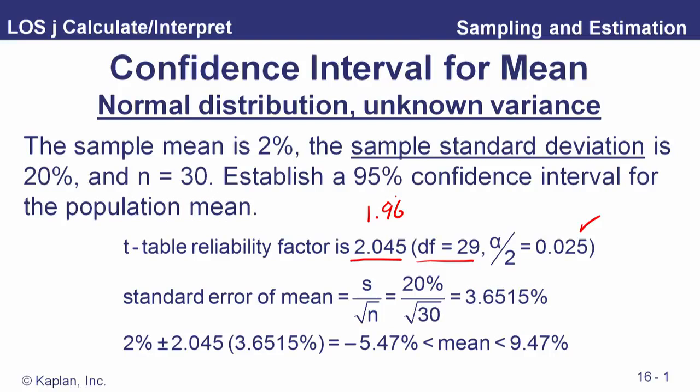And so we have a standard error of the mean. So we're going to go plus and minus 2.045 standard errors instead of 1.96 standard errors if we're using the t statistic here to establish our confidence interval on the true mean of the underlying distribution.